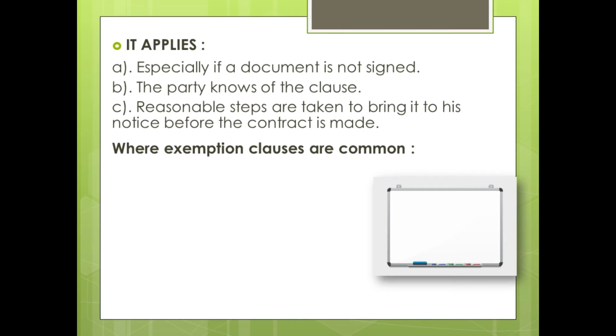For instance, we are talking about tickets, notices and programs. Then it also applies if the party knows about the clause, and also if reasonable steps are taken to bring the clause to his notice before the contract is made.